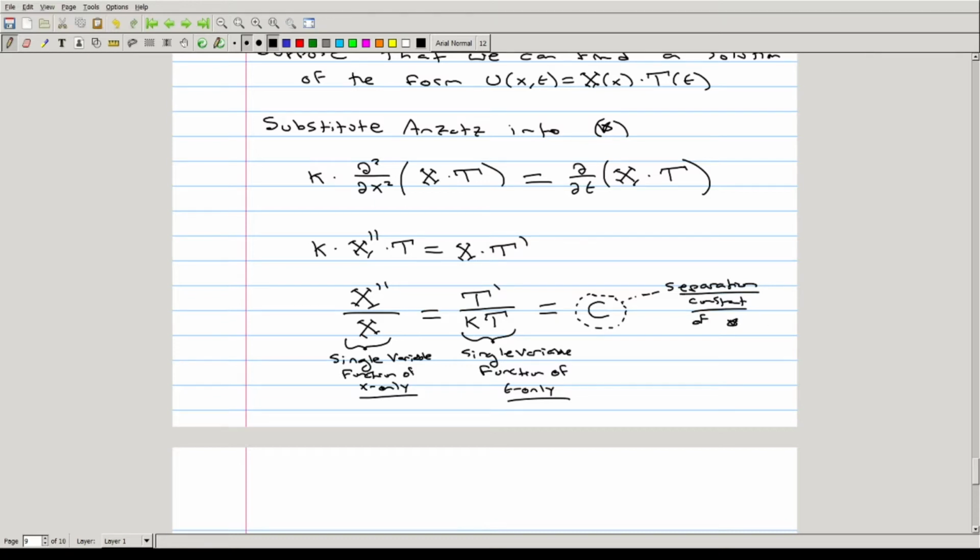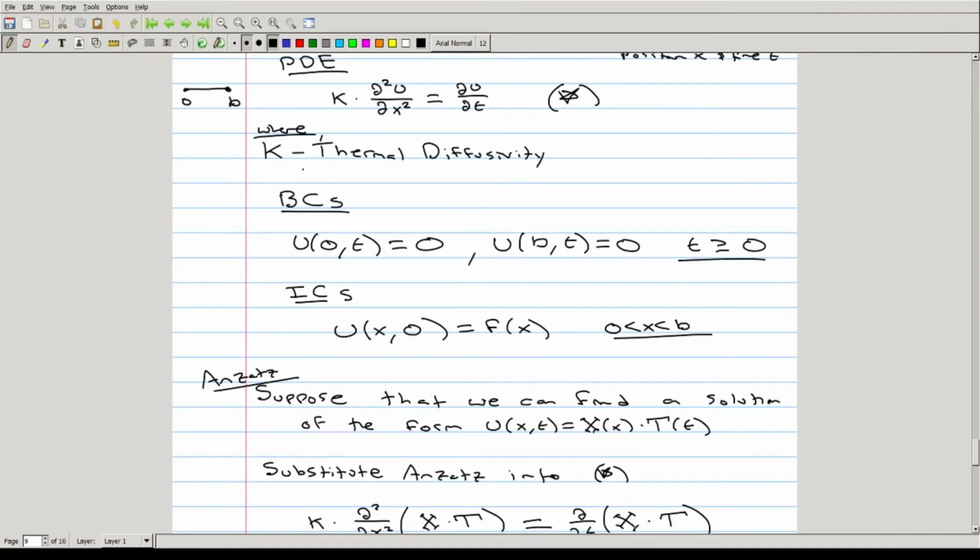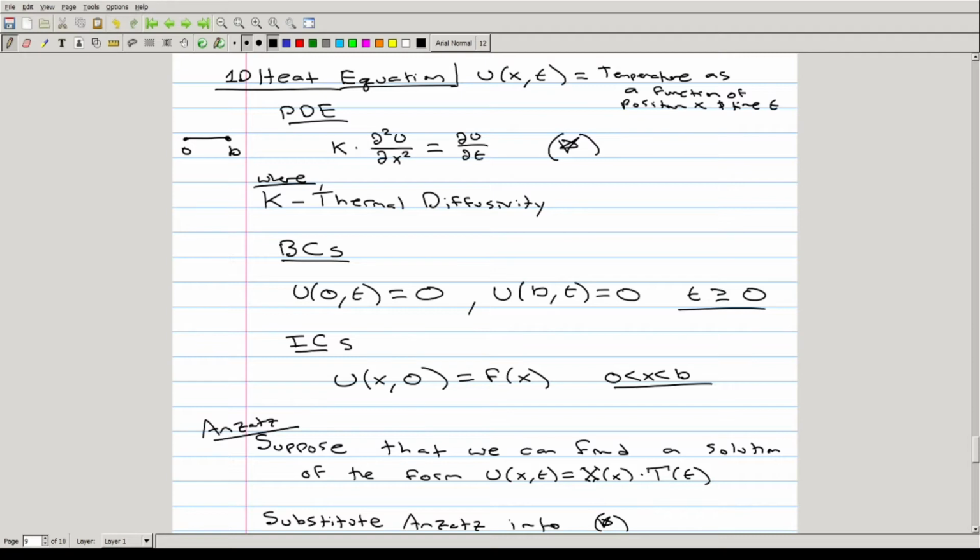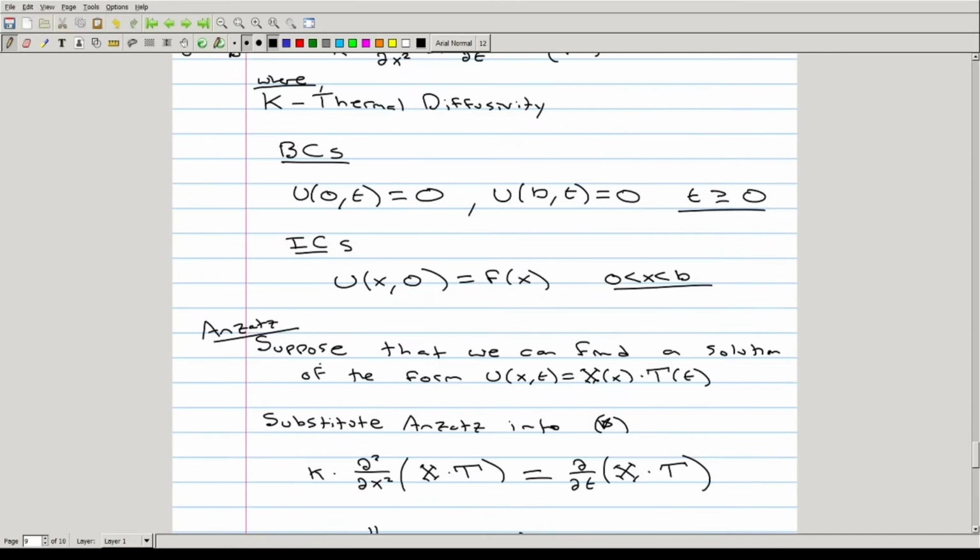This PDE coupled with whatever boundary conditions and initial conditions you have is called a boundary value problem.